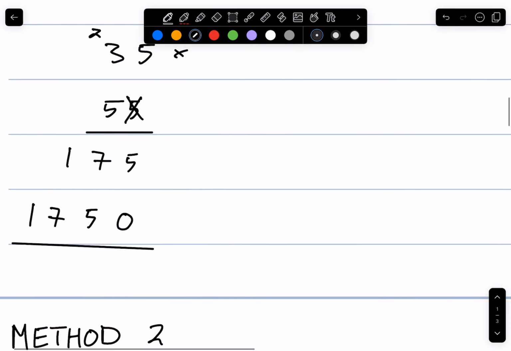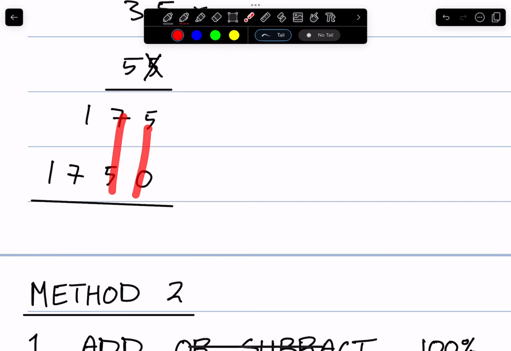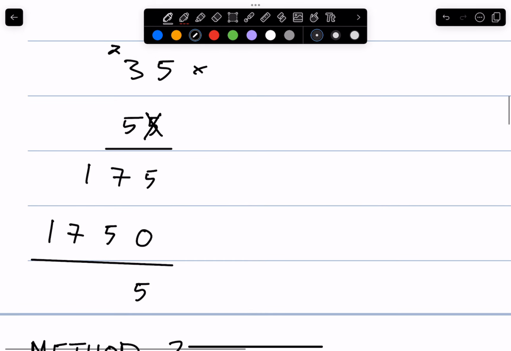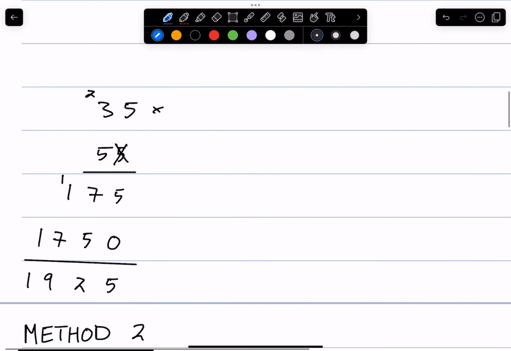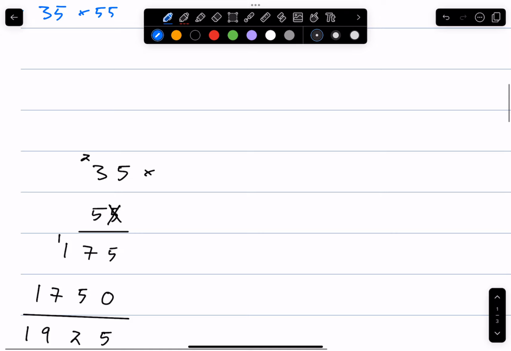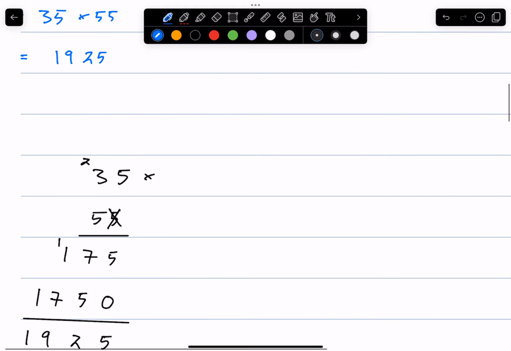Adding everything together, going by column, 5 plus 0 is 5. 7 plus 5 is 12. This gives us 2 plus 7 is 9. And then 1 plus nothing is 1. This gives us the number 1,925.